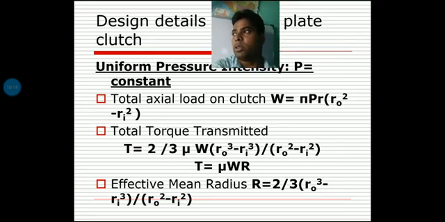That means, suppose some torque or power is transmitted from one shaft to another shaft, we can consider two theories. These two theories are very important to calculate or design any type of single plate clutch. One is the uniform pressure theory and another is the uniform wear theory.